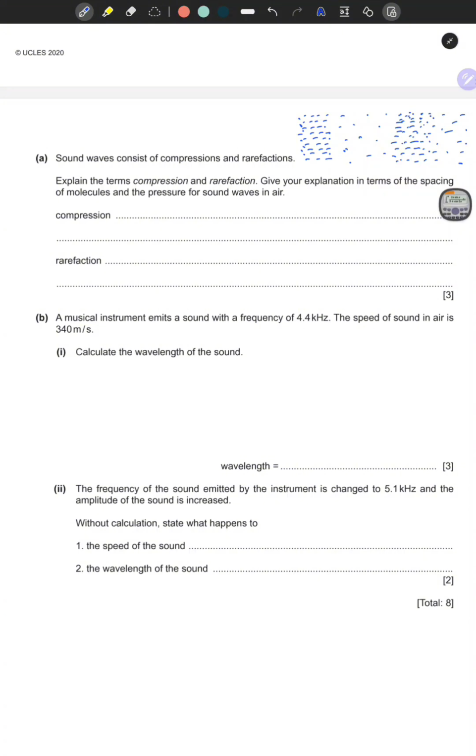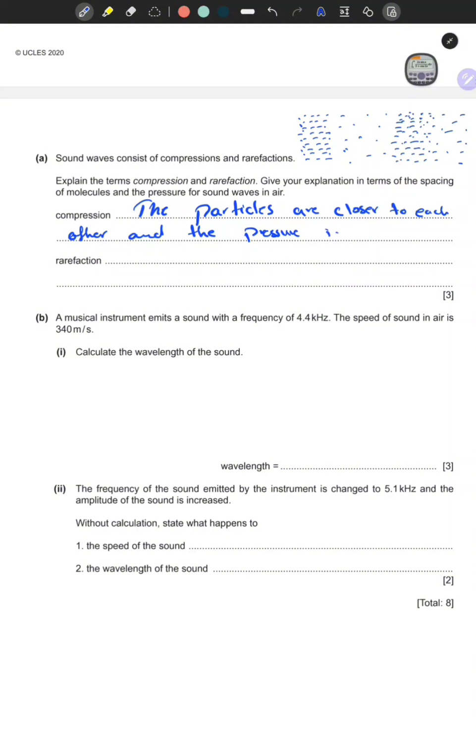So according to the spacing between them, I can say that in compressions, the particles are closer to each other, and when the particles are closer to each other, that means there is a high pressure in that area. So the pressure is high.